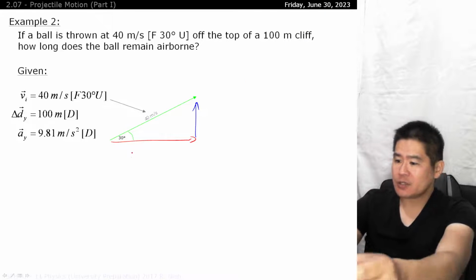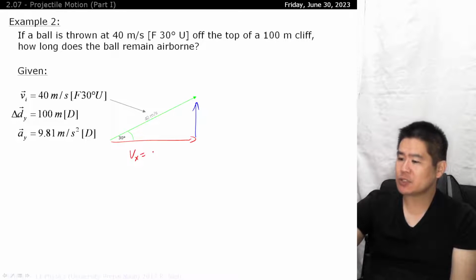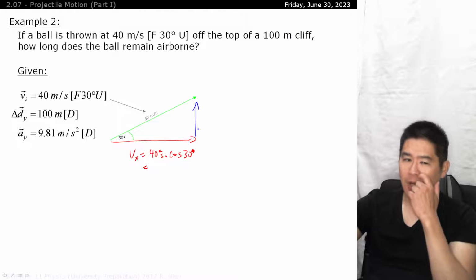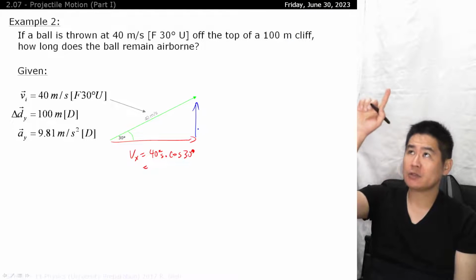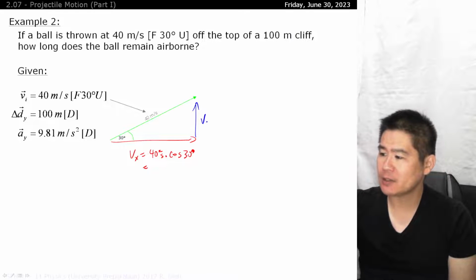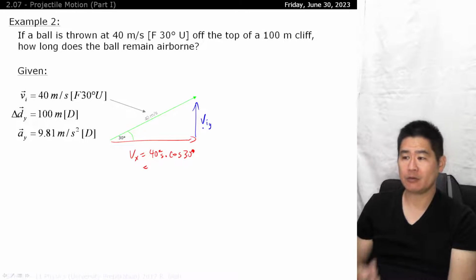All right, so you know that your Vx, which will always remain the same, is equal to the hypotenuse times, well, that's beside 30 degrees, or adjacent, so cosine of 30 degrees. As for your Vy, remember it's going to slow down until it reaches the top, then speed up. So you can't just call this Vy. You have to call it Viy, because it's the initial y value going upwards.